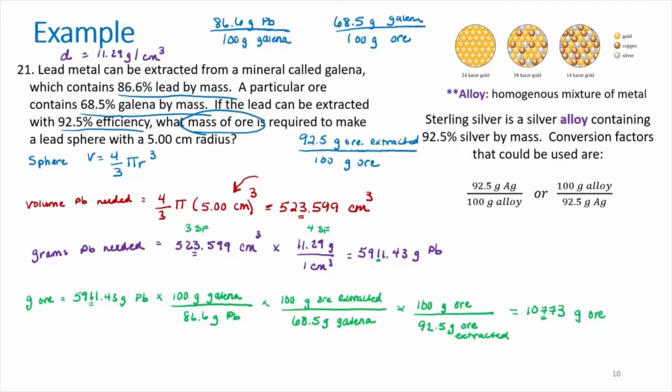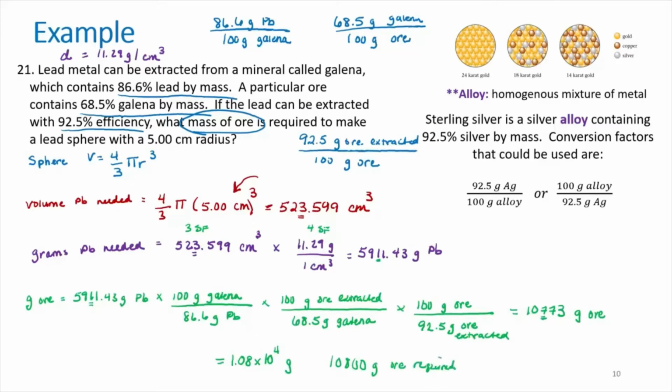Sig figs are still here at 3. Everything in their calculations has 3 sig figs. And so I'm going to round this, and I'm going to say 1.08 times 10 to the 4th grams, or you could also, again, write 10800 grams, either one is fine, of ore required.